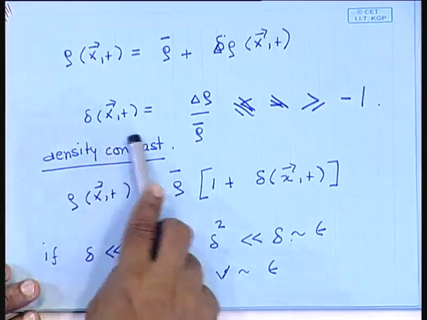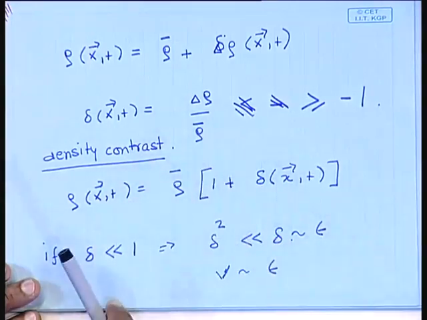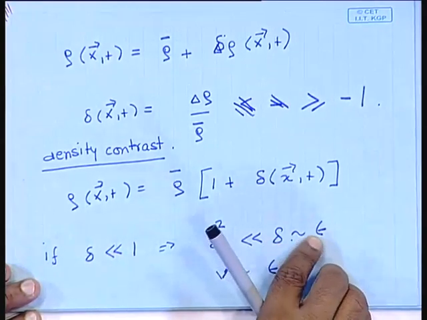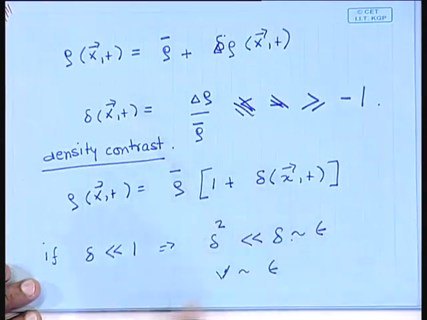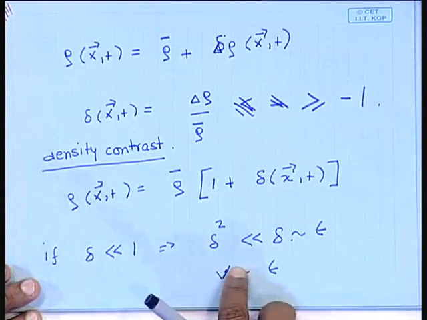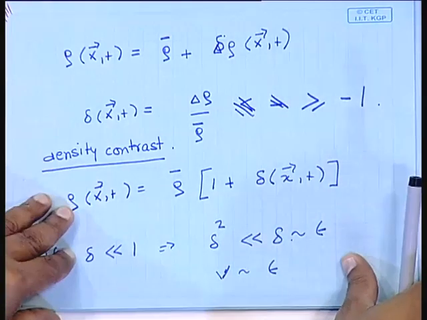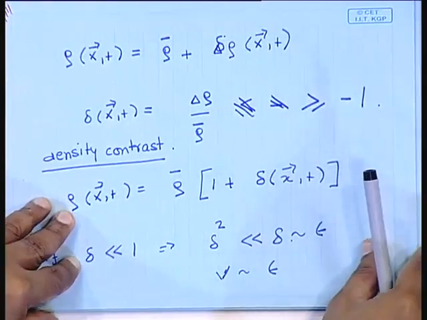This density contrast we had assumed was much smaller, of the order of some very small number epsilon. The peculiar velocities were also assumed to be of order epsilon. Under this assumption, we could drop all the higher or nonlinear terms.